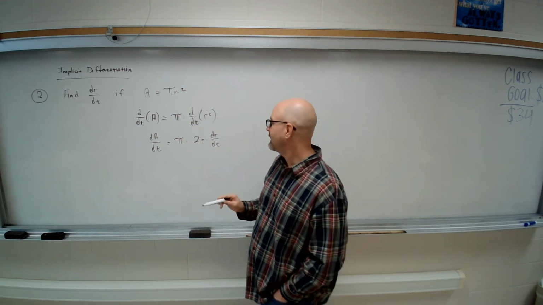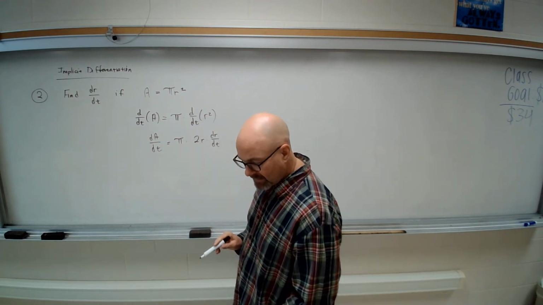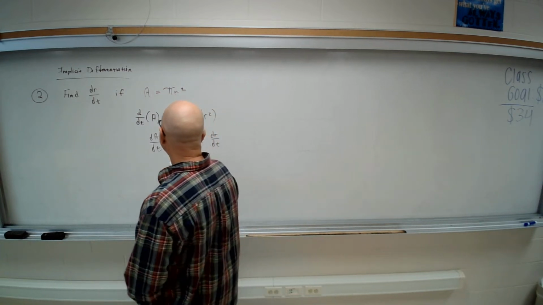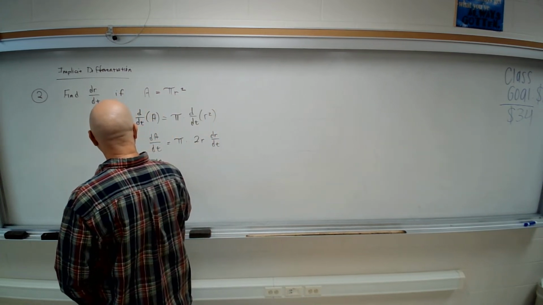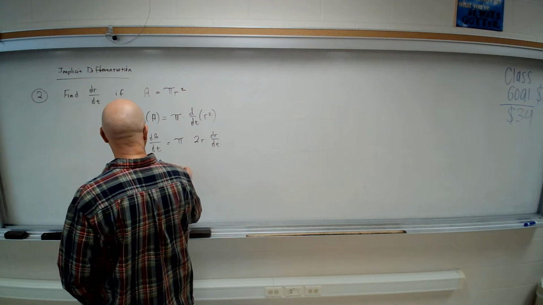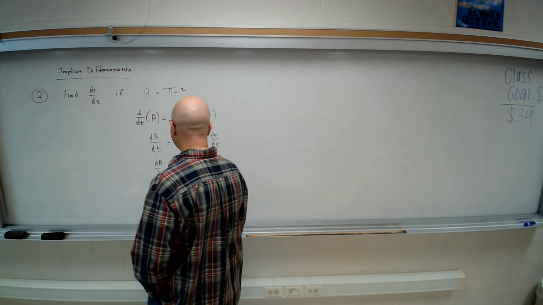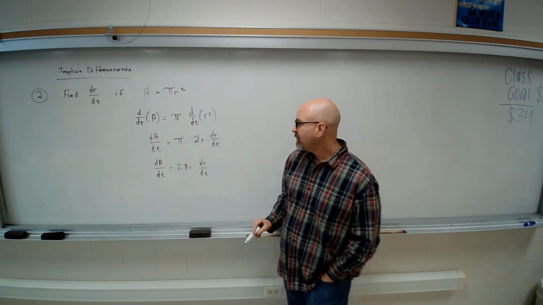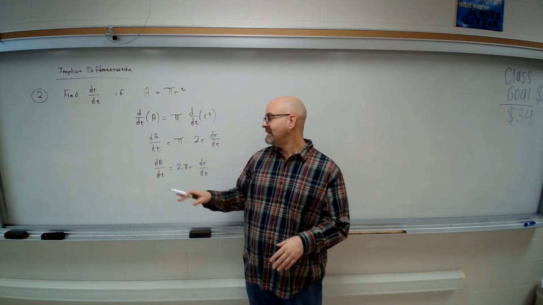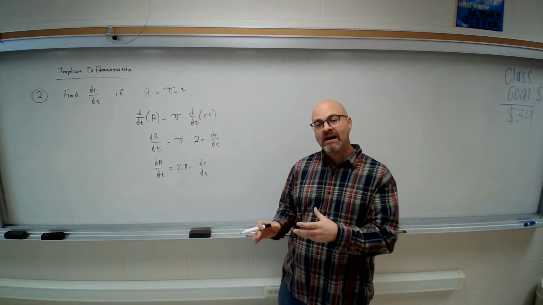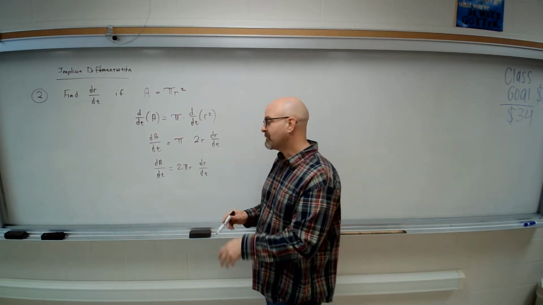Now at this point, we're asked to solve for dr over dt. So let's just take a second to clean this up. I'm going to write it as 2 pi r because I feel like I've seen that somewhere before. And at this point, again, you could divide dA over dt by 2 pi r. It wouldn't be wrong. I'm going to multiply by the reciprocal.